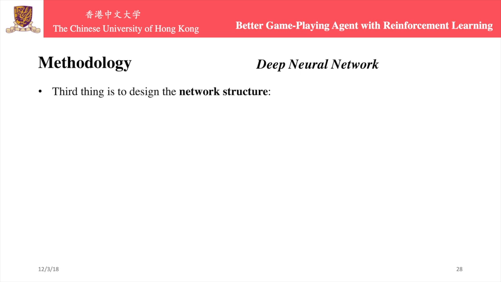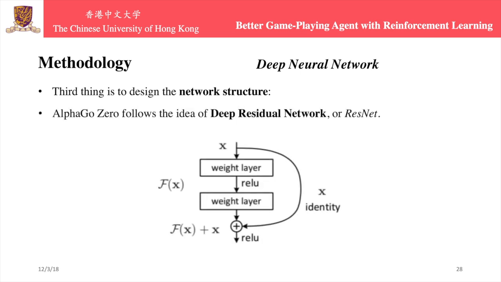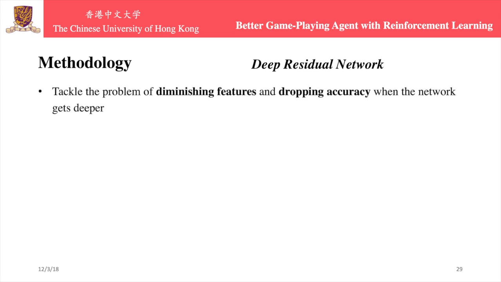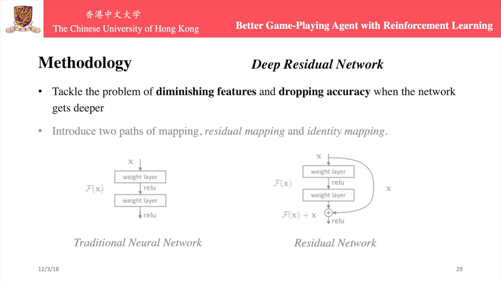The third thing to design is the network structure. AlphaGo Zero follows the idea of the deep residual network, or ResNet. This kind of neural network was proposed in 2015. It's a very new network. So what is a deep residual network? It aims at tackling the problem of diminishing features and dropping accuracy when the network gets deeper. For a traditional neural network, we only have one path going down.